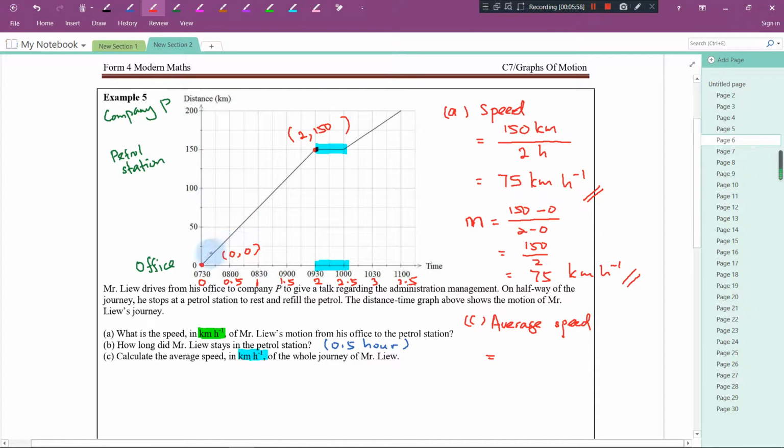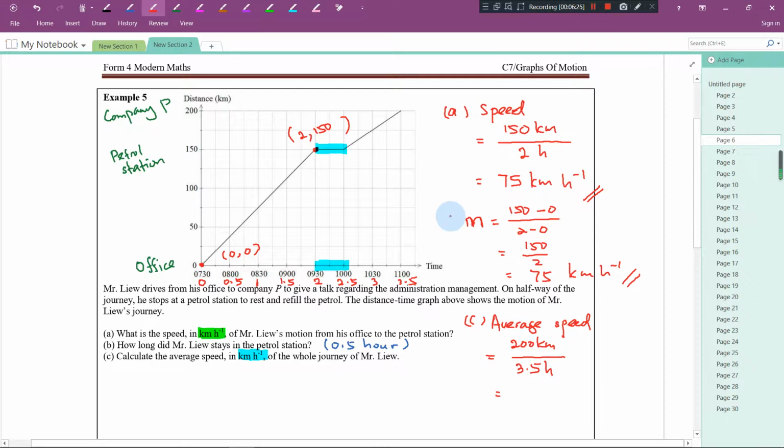Total distance travelled from 0 to 200 will be 200 kilometers. Total time taken from 7:30 to 11 is 3.5 hours. So 200 divided by 3.5. You will get a very long decimal.